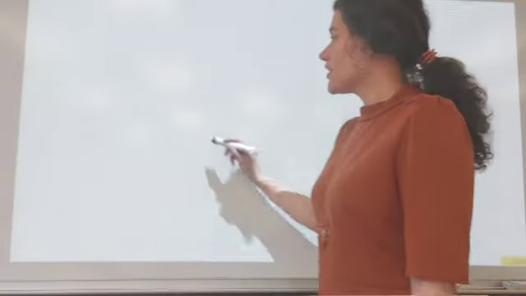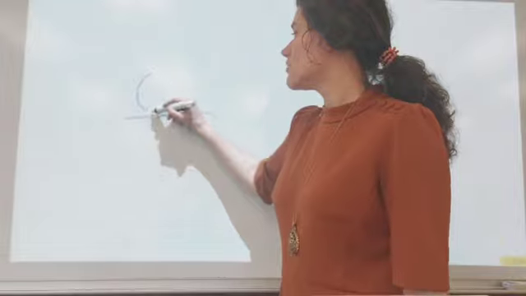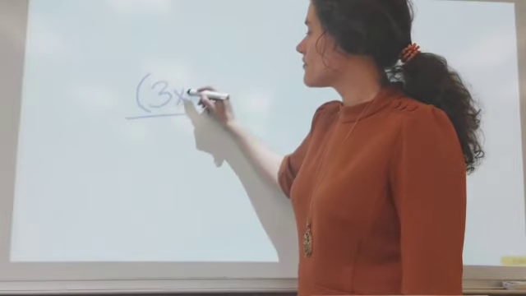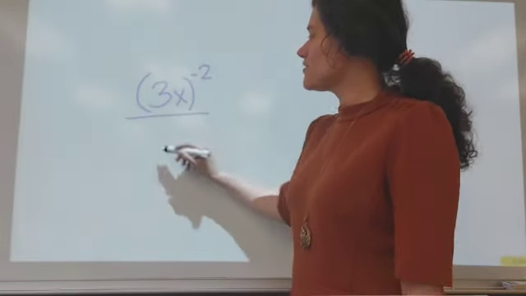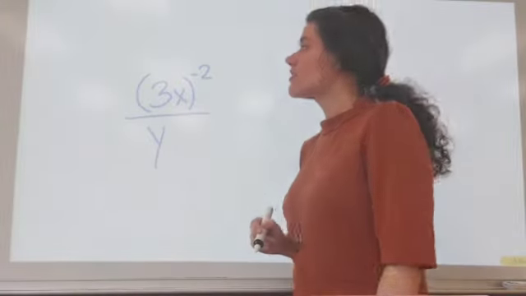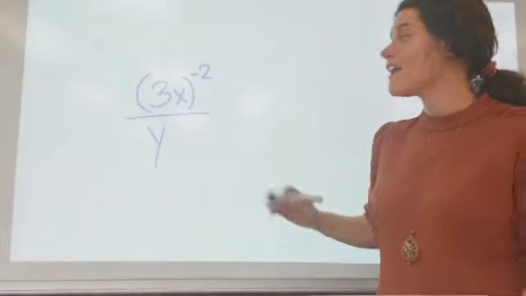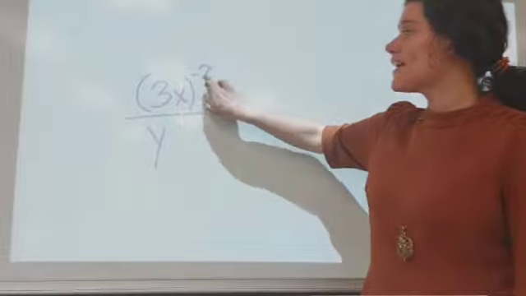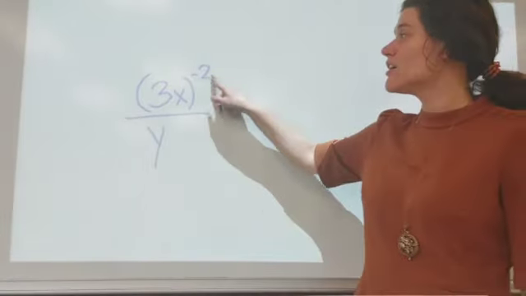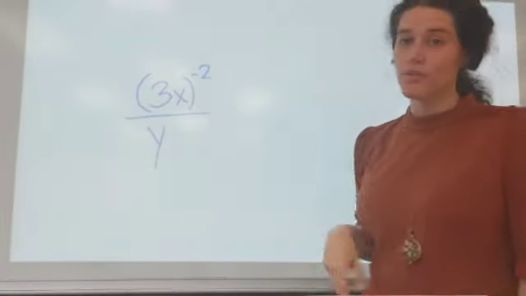So that this is going to give us 3 over y x squared. What about if I had parentheses, though, around the 3 and the x? Well, now these parentheses are making it to where this negative 2 is affecting both of them.